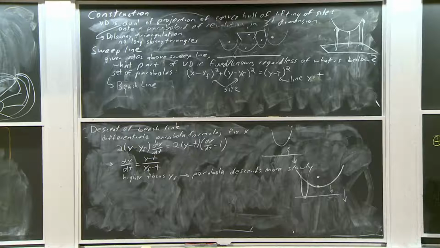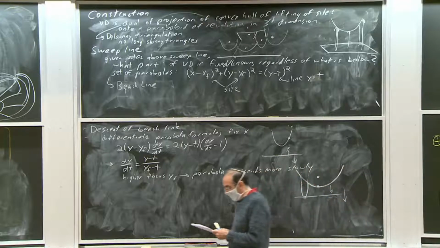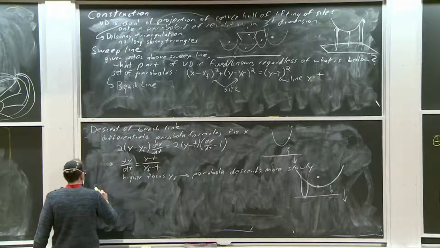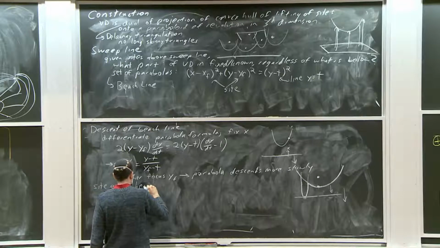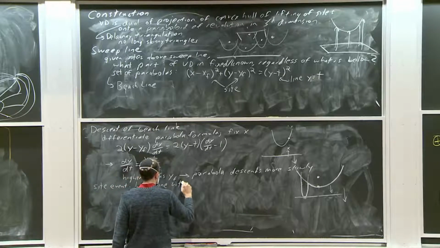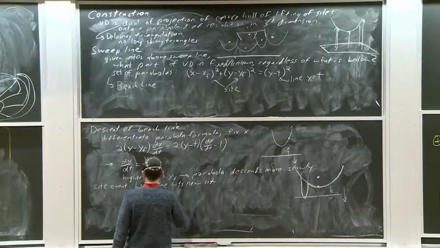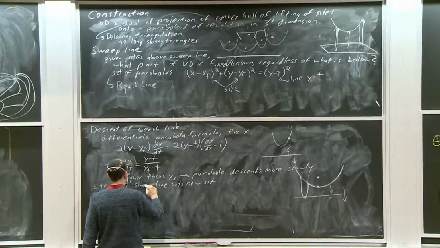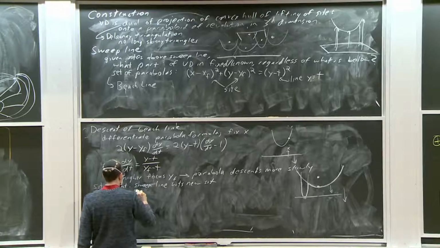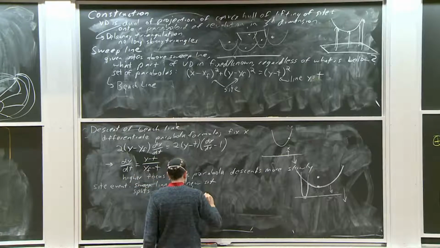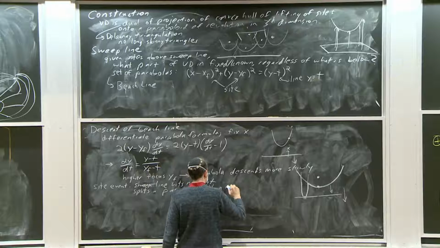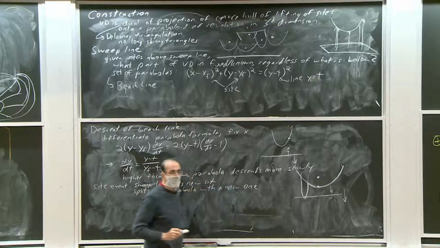Now the beach line becomes three segments of parabolas. And this is what is called a site event. The sweep line hits a new site, and this splits a parabola with a new one.